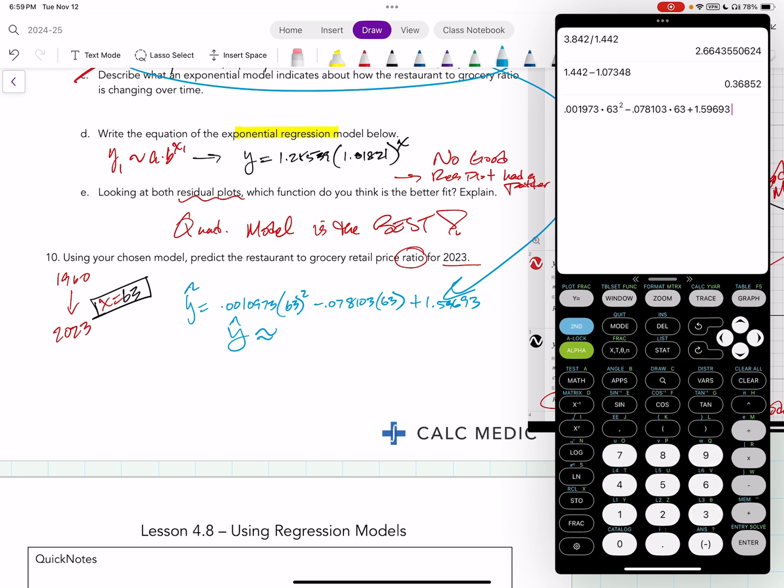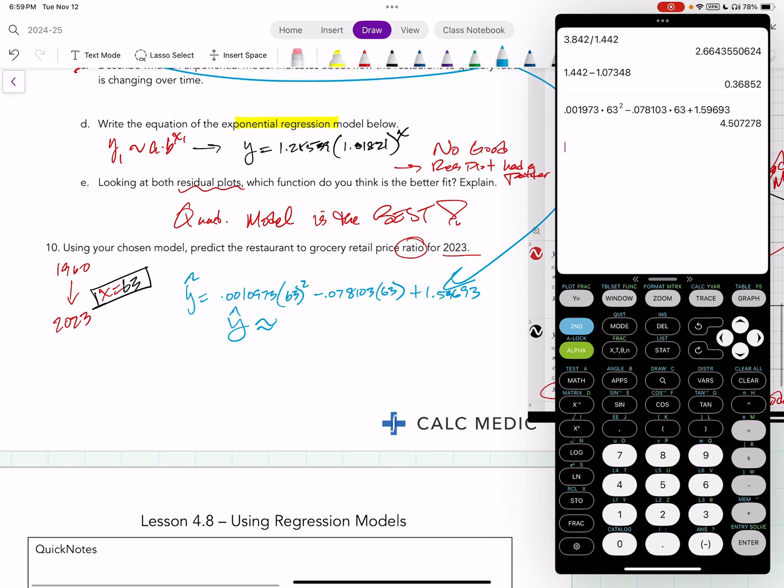Hopefully I typed that in correctly. So here we go, and I get about 4.5, because I used a lot of digits. So y is approximately 4.5. Yeah, that's close enough.